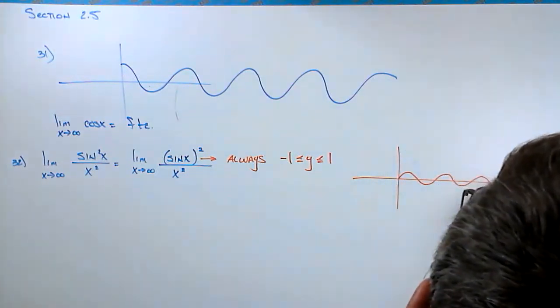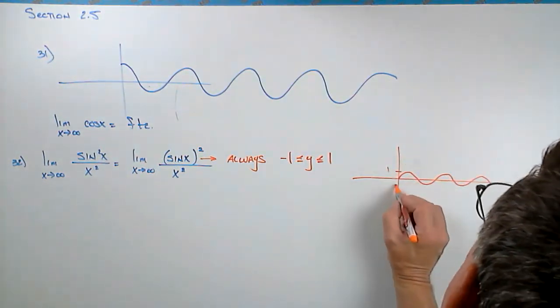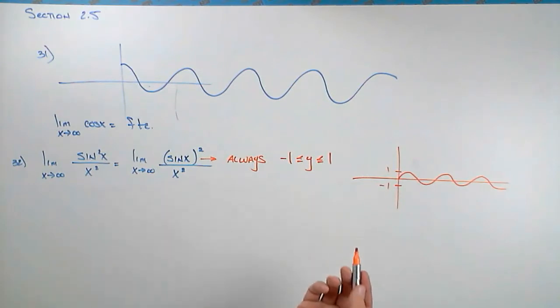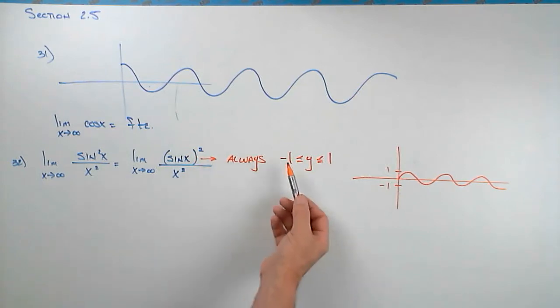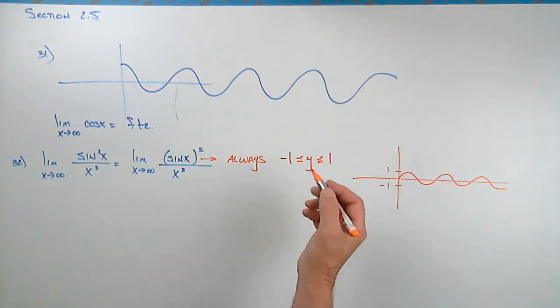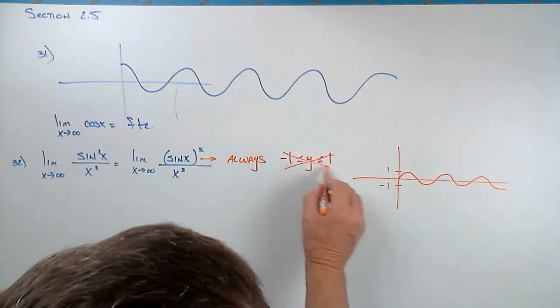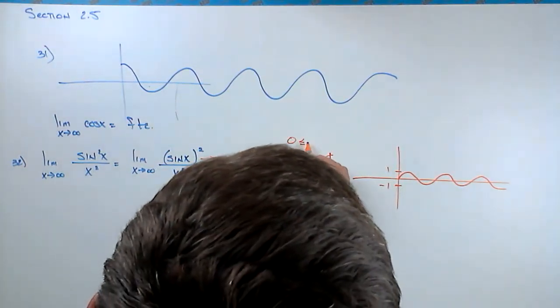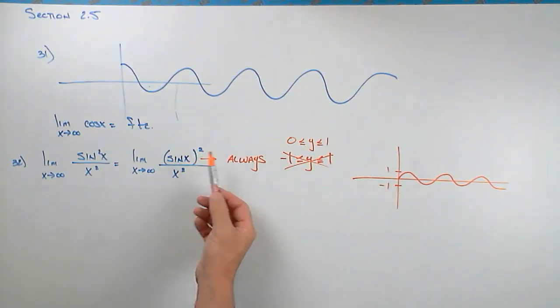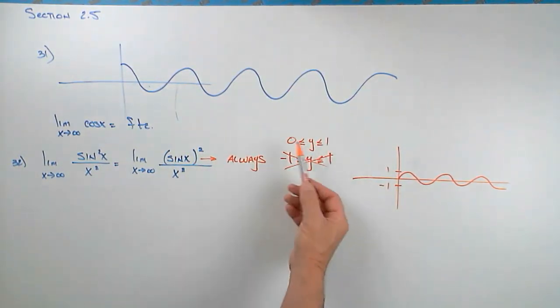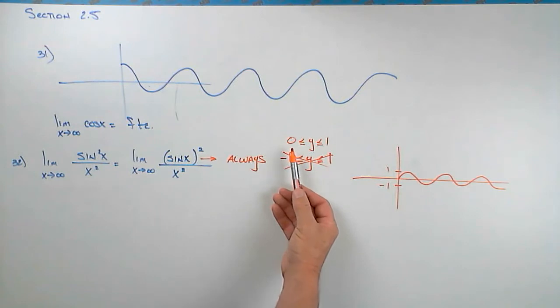Sine goes like this, and we're always going to get a number between 1 and -1, always. Now we're squaring it. So the negative becomes positive. So in essence, we're really always getting a number between 0 and 1. The biggest the numerator is ever going to be is 1. The smallest it's ever going to be is 0.